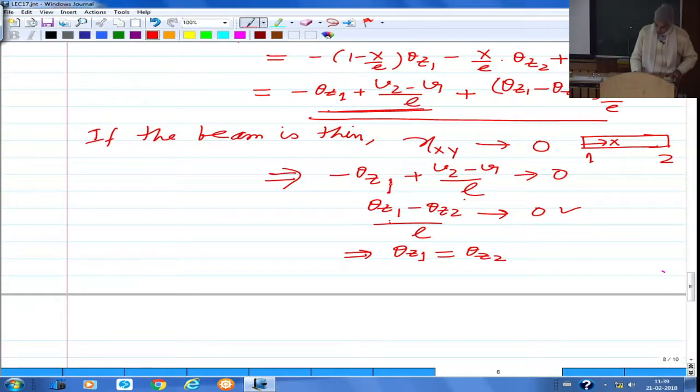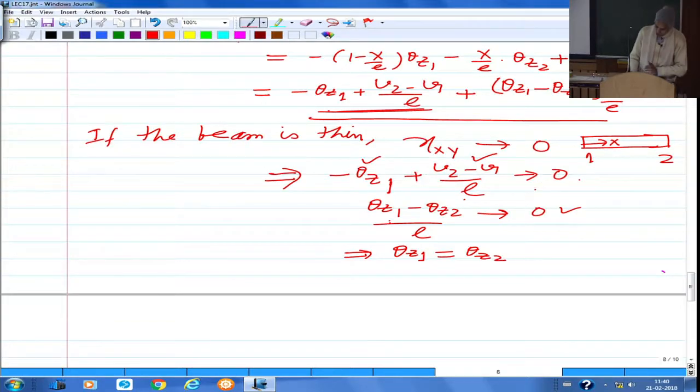Since the first gives you an equation which involves both variables, that is deflection as well as rotation, we call this a constraint. Gamma xy tending to 0 is a constraint. That means in the deformation you are putting a constraint that there should be no transverse shear deformation.